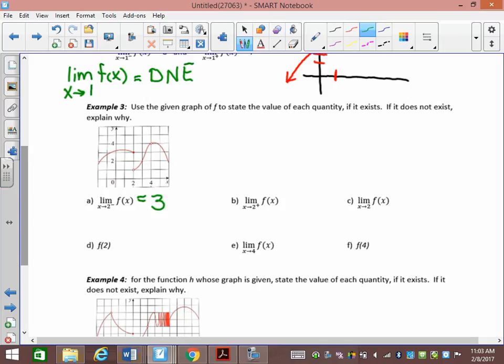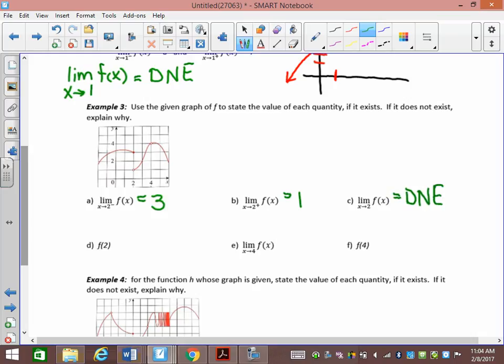Okay. The limit as x approaches 2 from the right. I'm following it from the right, and I'm reaching what? 1. So from the left of 2, I reach 3. From the right of 2, I reach 1. So the limit as I approach 2 is what? It does not exist. And how would I explain that?